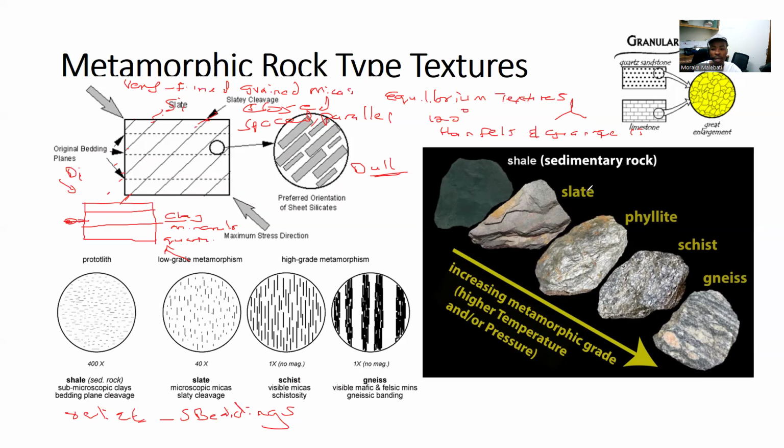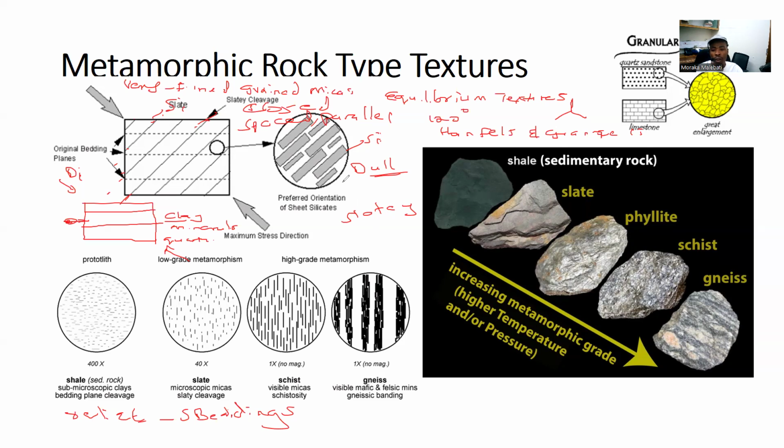That is exactly what is happening in the slate. Now you can see these micas are aligned in this way, and we say these are the foliation. This kind of foliation, S1, is what you call slaty cleavage in the slate.